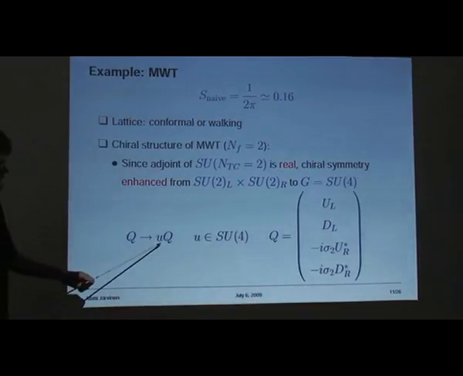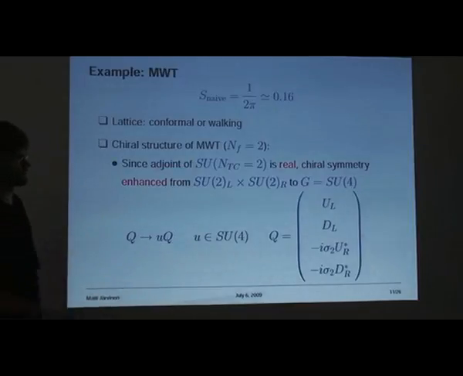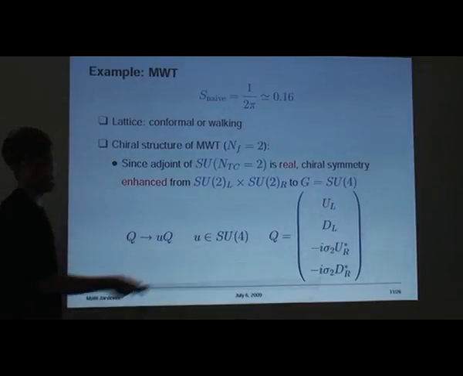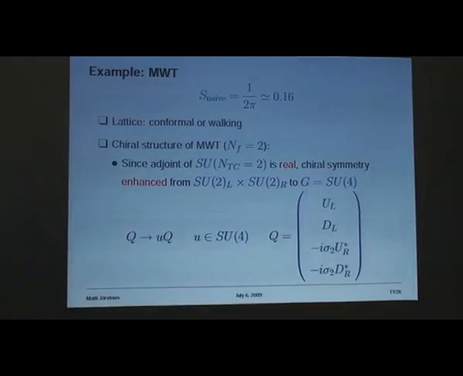Your chiral symmetry is such that you can mix all these components instead of just mixing the left and the right with each other. So this is your chiral symmetry transformation.